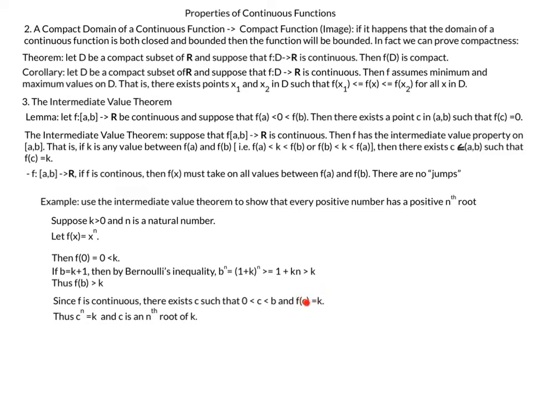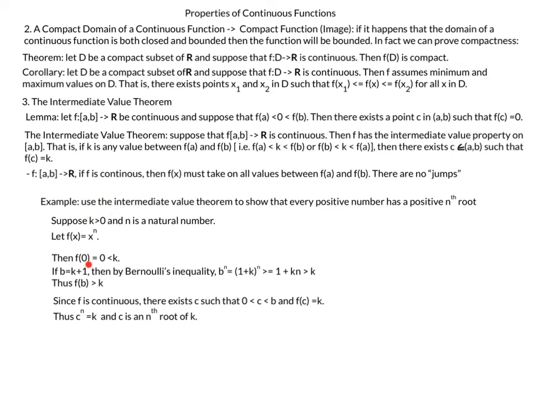That is, f of c is equal to c to the n is equal to k. Thus, c is the nth root of k. So that's pretty clever. So again, to find the positive nth root, we let f of x be equal to x to the n. We noted that f of 0 is equal to 0, which is less than k, and k is just some number greater than 0.